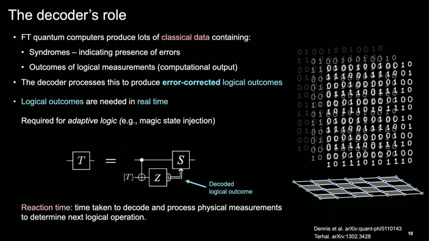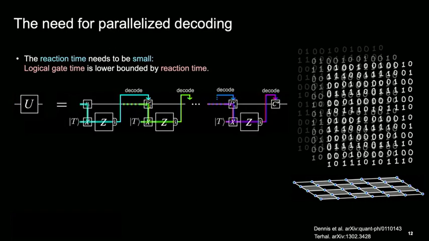For a given operation, once you've done all the measurements comprising that operation, it tells you how long it takes to send those results to the decoder, and for the decoder to return the decoded outcome, and then decide if you need to do that conditional gate or not. And the reason the reaction time is important is because it determines the logical clock speed. So if you have a slow reaction time, then you're limited in the rate at which you can perform logical gates.